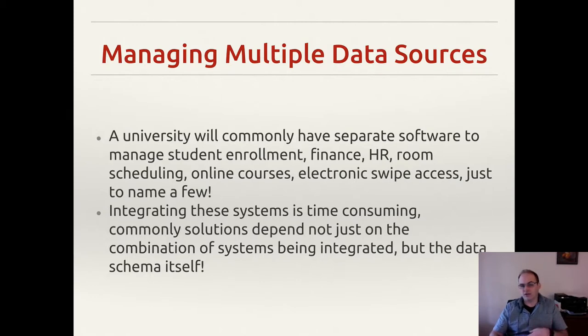Now, HR is a great example because some universities and colleges have HR information that's integrated into their standard ERP. Others don't. There's a separate HR application, right? So let's go down that road for a moment. So now you have a separate application with its own database.